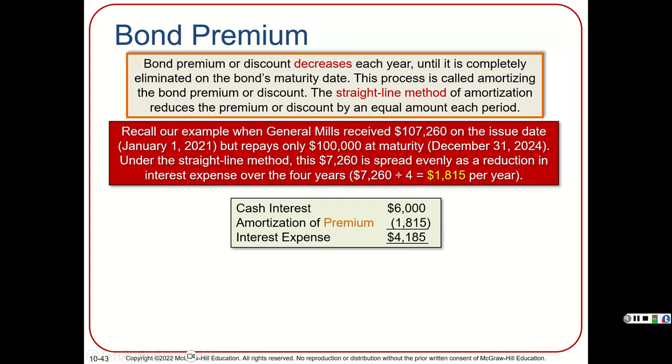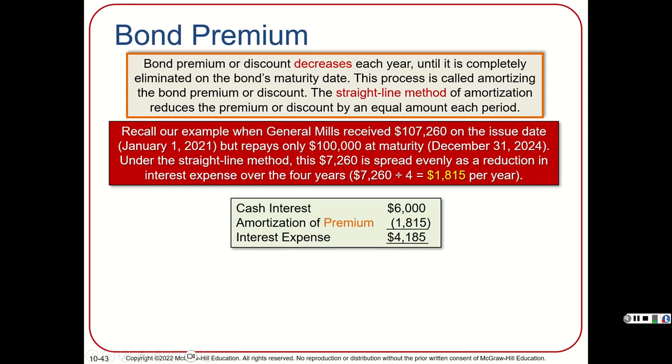So in this example, we had this premium of $72.60, and what is due on December 31st of 2024 is the $100,000. Under the straight line method, this $72.60 is spread evenly as a reduction in interest expense over the 4 years.